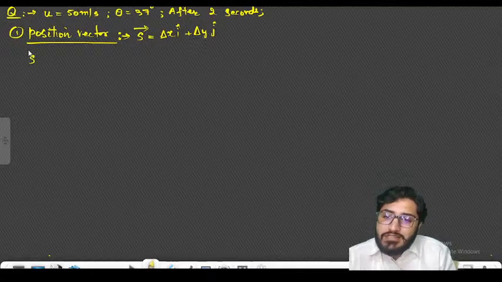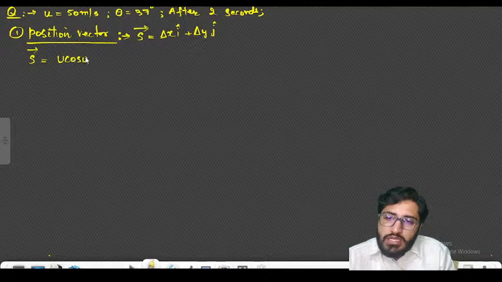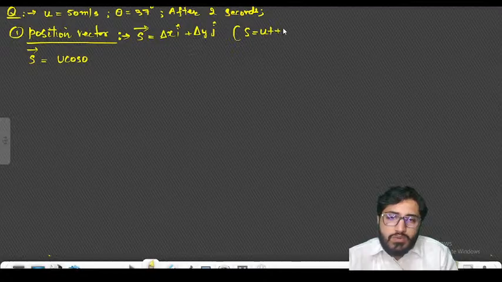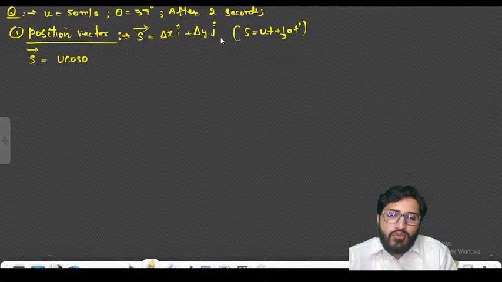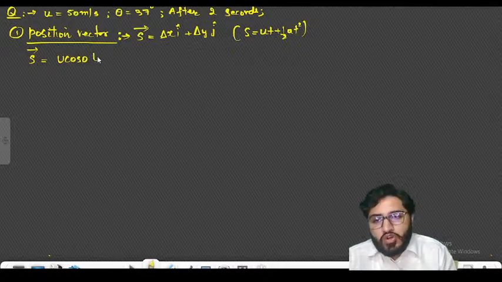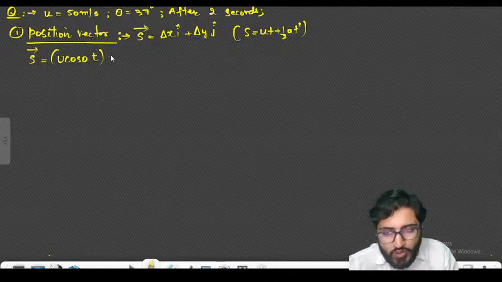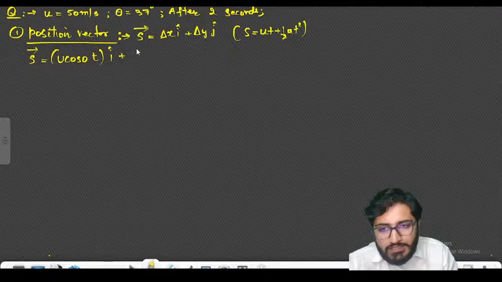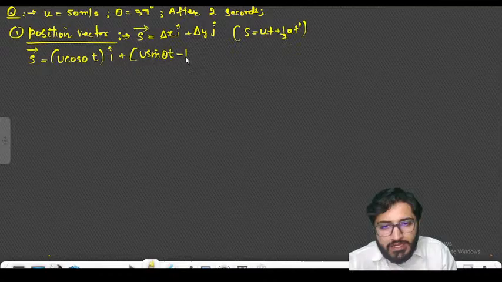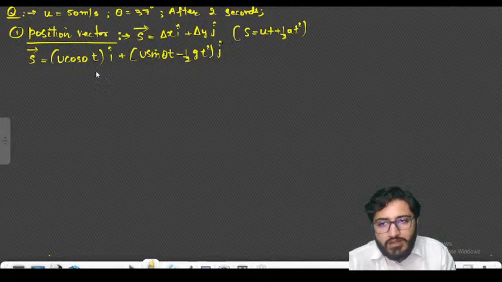So I can write S, the position vector, is u cos theta t. Why, sir? Look, because we know that S equals ut plus 1/2 at square. If you write in vector form, plus u sin theta multiplied with t minus 1/2 gt square into j cap.